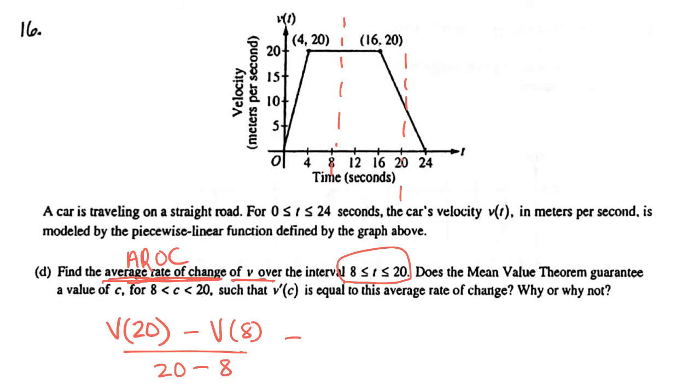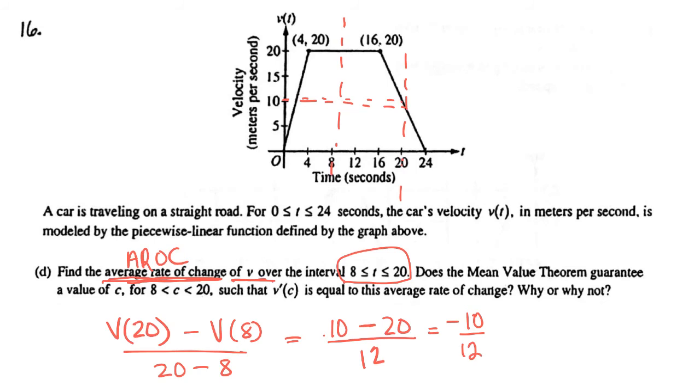So at 20, I believe we're at 10. At 20, we're here at 10. So we're going to have 10 minus, and at 8, we are at 20, over 12. And so that's enough. We can stop there, or if some people it's going to bother, but I would not go much further than this.